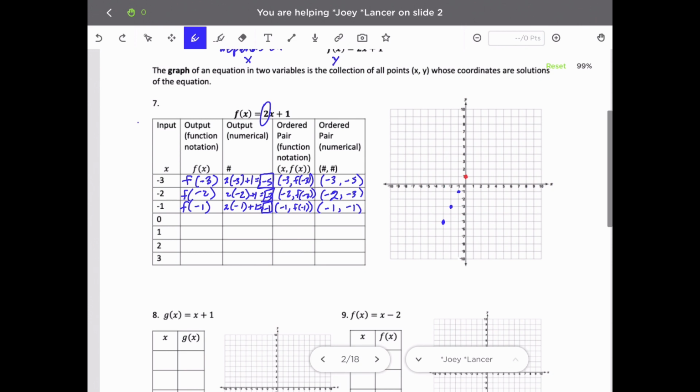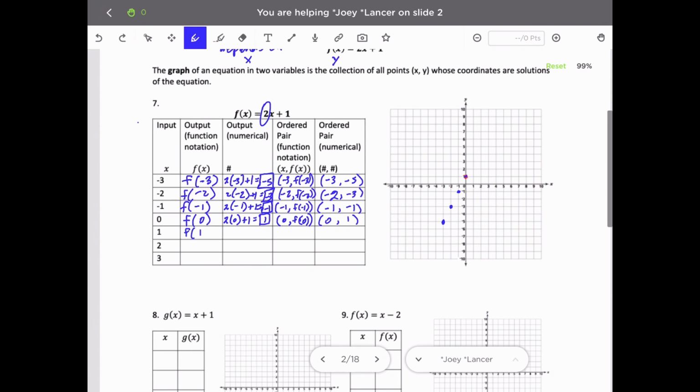And here we have 0. What is f of x when x is 0? 2 times 0 plus 1 equals 1. This is just like when you're finding the y-intercept. You put a 0 in for x. So that's 0, f of 0, and numerically it would be 0, 1. And that crosses exactly where we expected it to.